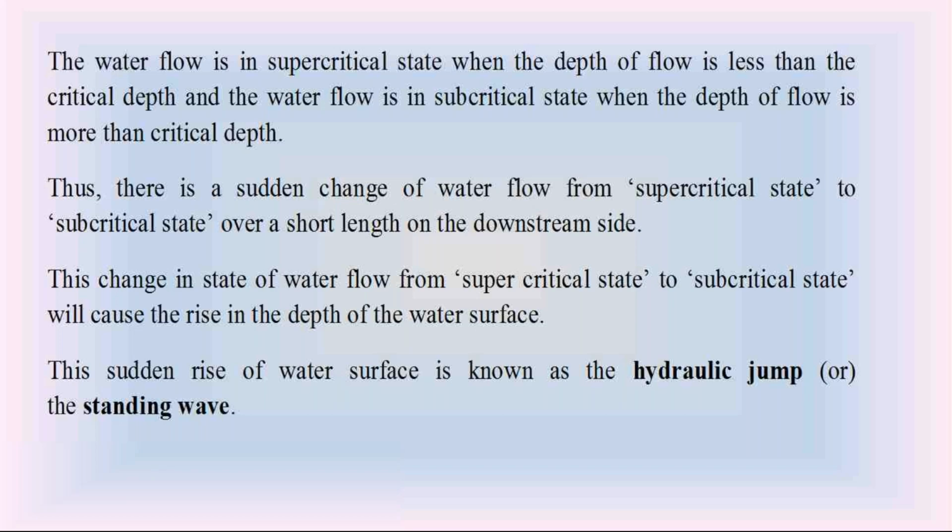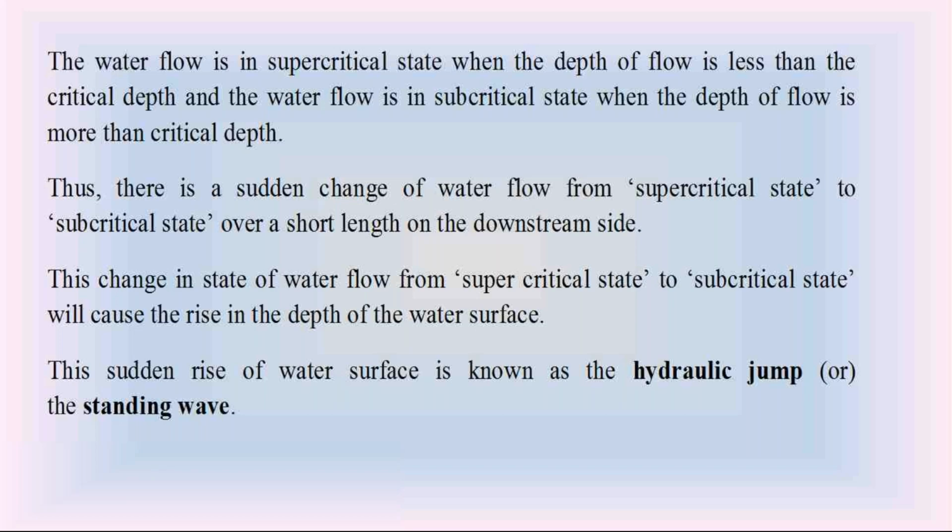If the gates are slightly raised, when water is moving under the gate in the canal, you can see the formation of a hydraulic jump at the sluice gates also. Same mechanism. When water is moving under the gate, the depth of water first decreases. It reaches the vena contracta.